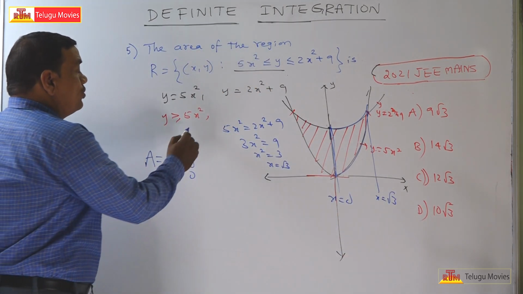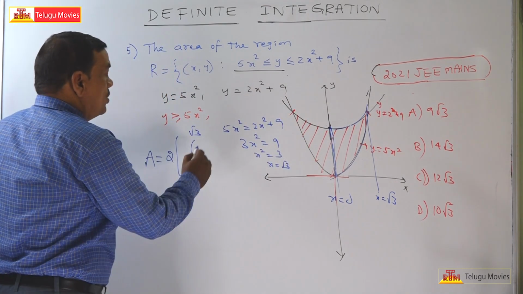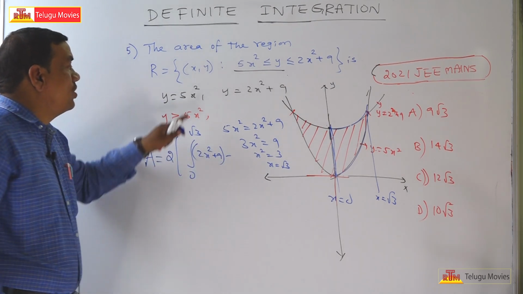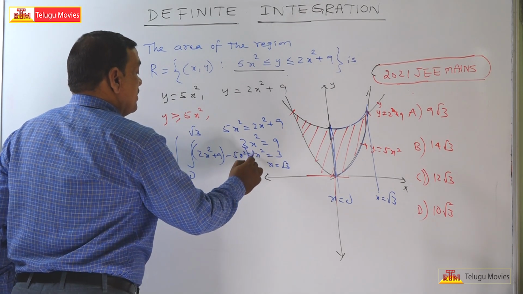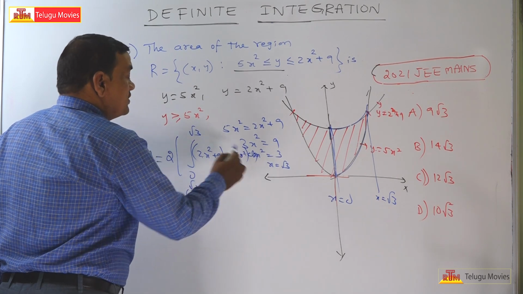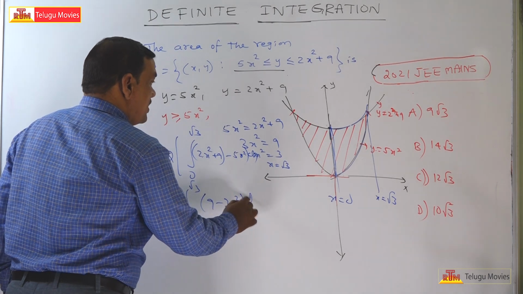So from 0 to root 3, what is the upper curve? This is 2x square plus 9, minus the lower curve, 5x square, dx. So this is 2 times the integral from 0 to root 3 of 9 minus 3x square dx.